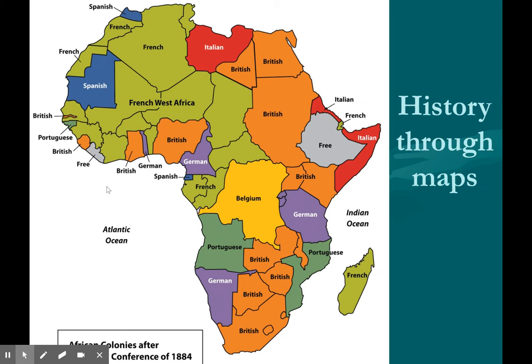And we're going to talk about why and what problems this is going to bring about. All of a sudden, now this whole area is controlled by France, this by Belgium, this by Britain. How is that going to impact the people who are actually living there? What's going to happen, and how are the colonizers or the Europeans going to treat the people that are actually there, or are they only just going to go for the resources?